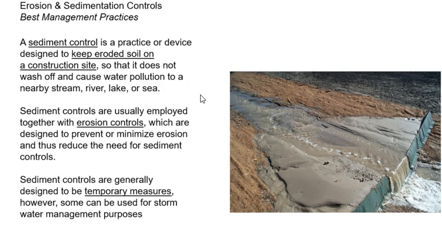They are typically accompanied and put together with erosion controls, which, as it sounds, these things are designed to prevent erosion. So the less erosion that occurs, the less sedimentation that occurs. Typically, these are temporary measures that the earthwork contractors would put in place, and then when their work is done, they would typically leave them behind until construction is finished.